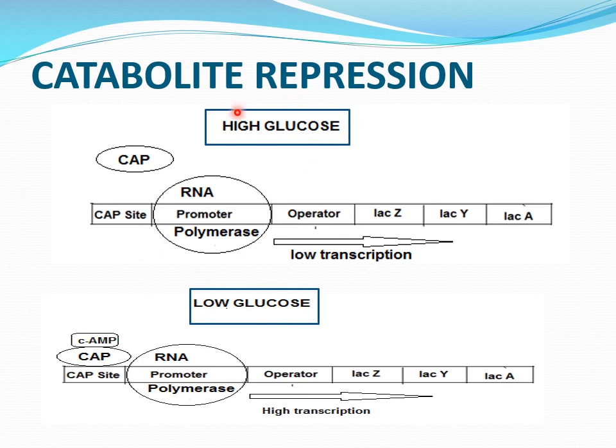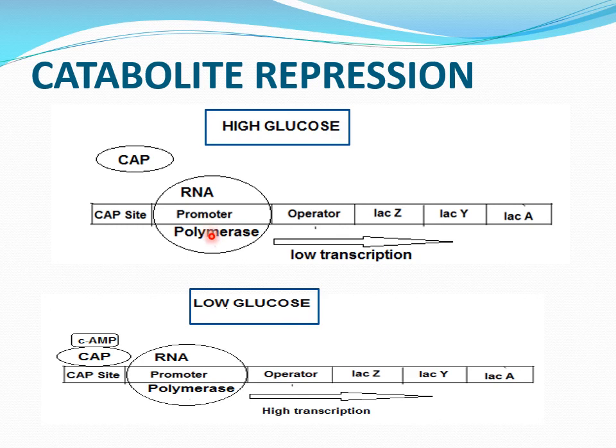So under conditions of high glucose, this cyclic AMP synthesis is subdued, it is downregulated, and so this RNA polymerase is unable to bind to the promoter sequence, because now this cyclic AMP will not bind to the CAP site, the CRP site, that is the cyclic AMP receptor protein, and hence this RNA polymerase will be loosely bound to the promoter region.